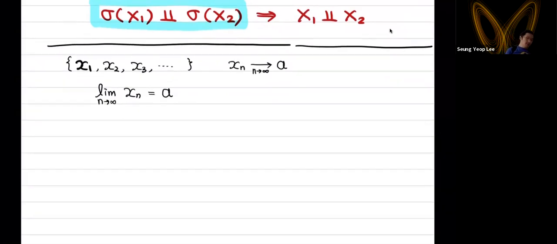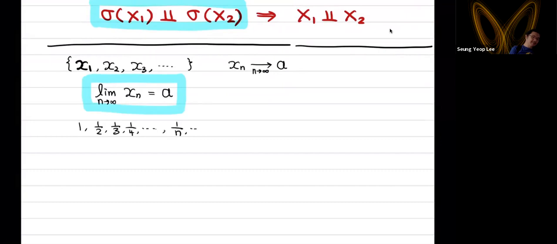So what is the meaning of this? You can say that xn is getting close. An example is 1, 1/2, 1/3. That's the sequence defined by 1 over n, right? And what is the limit of 1 over n as n goes to infinity?